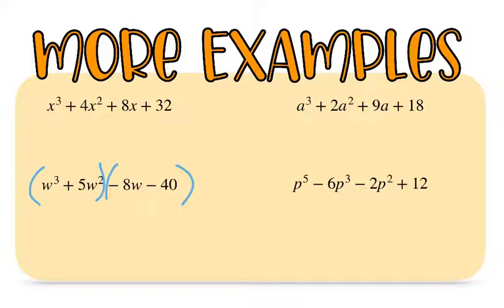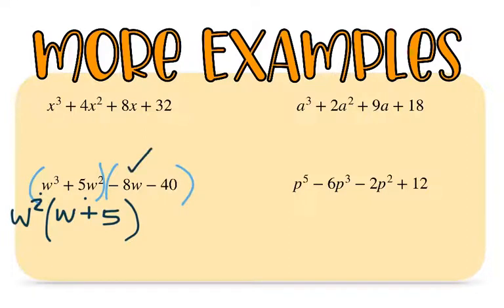Okay, so now let's go ahead and take out any GCF that we can take out. In the first group, I have w cubed plus 5w squared, so I can take out a w squared from both. And what would be left is w plus 5. And in the second group, notice they both have a negative, so I can definitely take out a negative, but then also I can divide both of them by 8.